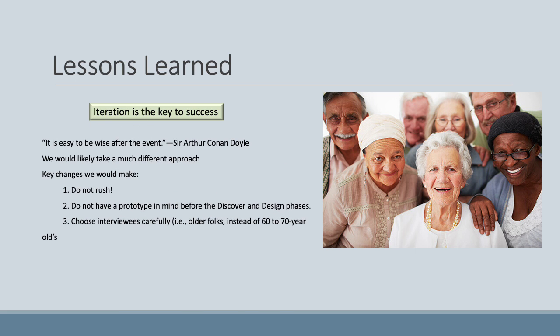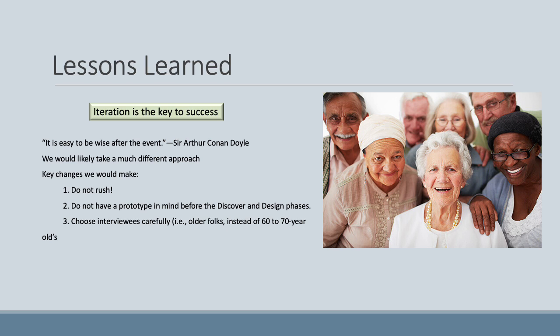Nonetheless, we made several small tweaks and changes to our composite character profile, as well as our point of view statement. As I'm sure is common amongst all of the groups, we made a fair amount of tweaks to our prototype upon further reflection, including adding more features and screens to give the user a better picture of our overall concept and to gain better feedback on how we can improve on our prototype.